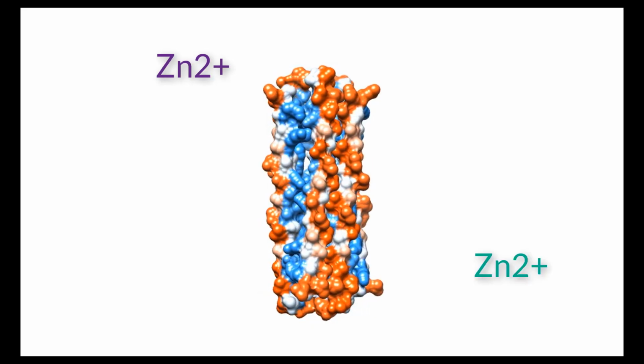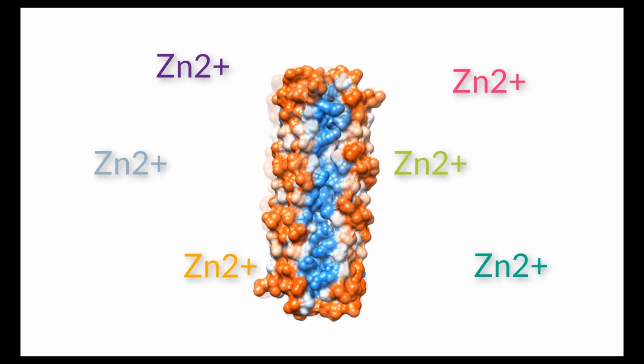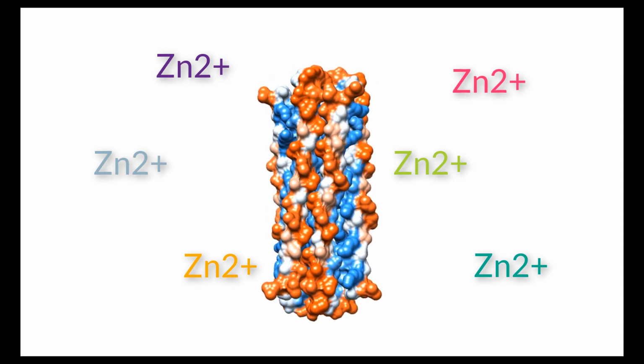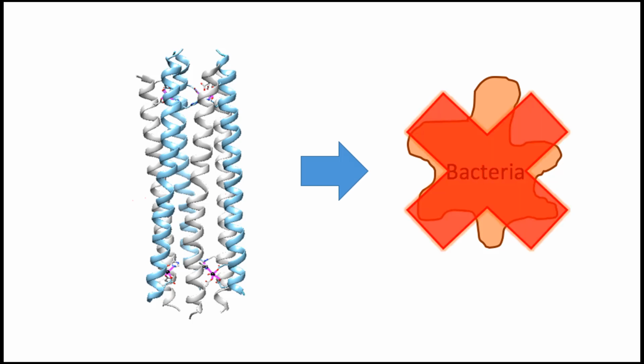Zinc 2+ plays a key role in ensuring dermcidin's functionality, without which humans would have increased bacterial and fungal infection on the skin. So if you'd like to experience dermcidin's antimicrobial function today, I recommend you sweat.